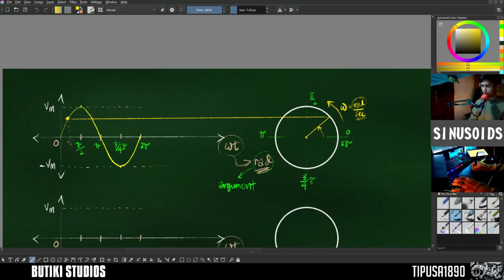So this here is your pi over 4. I didn't say pi over 4 before, but it looks like it's about halfway. I don't know if you can imagine it.